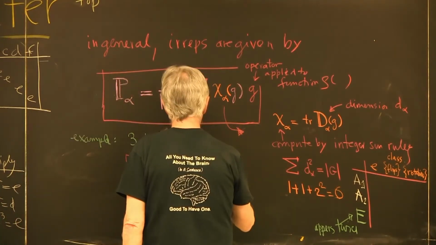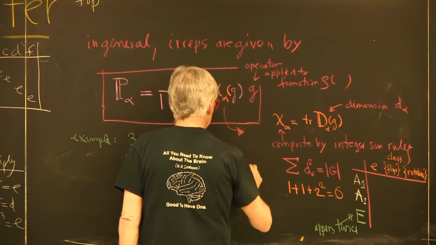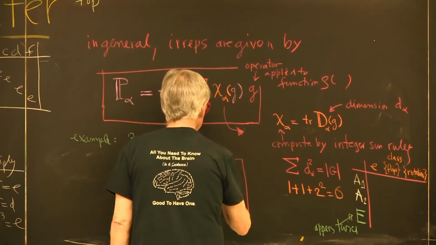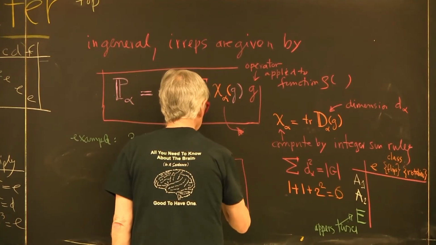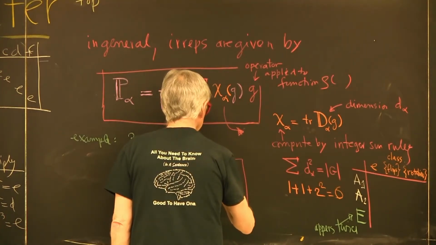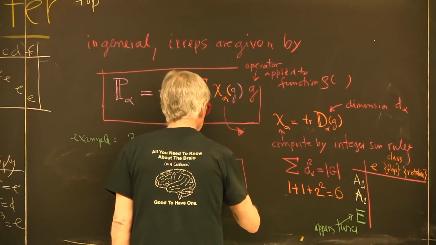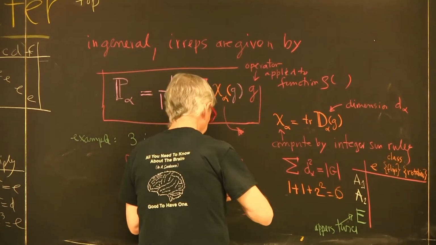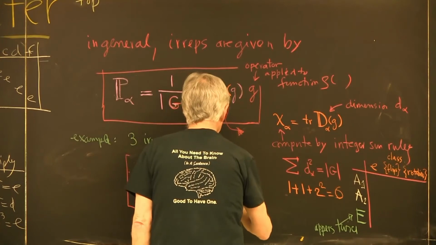And it writes it as a block which is 1-dimensional, called A1, 1-dimensional, called A2. And then there are 2 copies of the 2-dimensional representation.